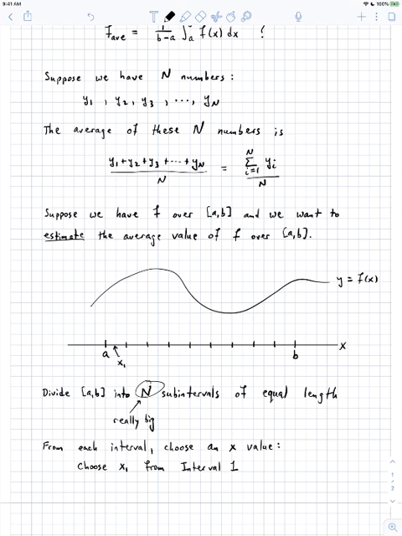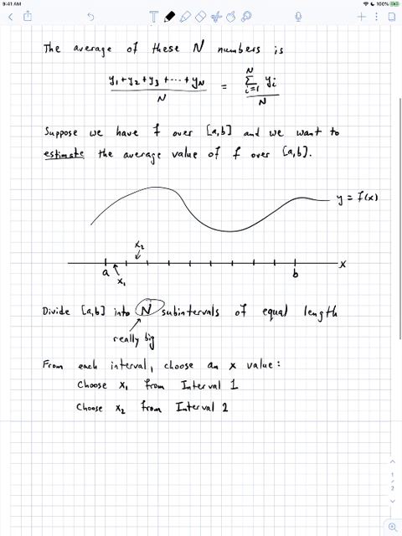Anywhere will do. And then let's choose x2 from interval 2. And here's interval 2, so we'll just pick an x2 from somewhere in that interval. And so on and so forth. So we're going to choose x3 from interval 3. So that's here.